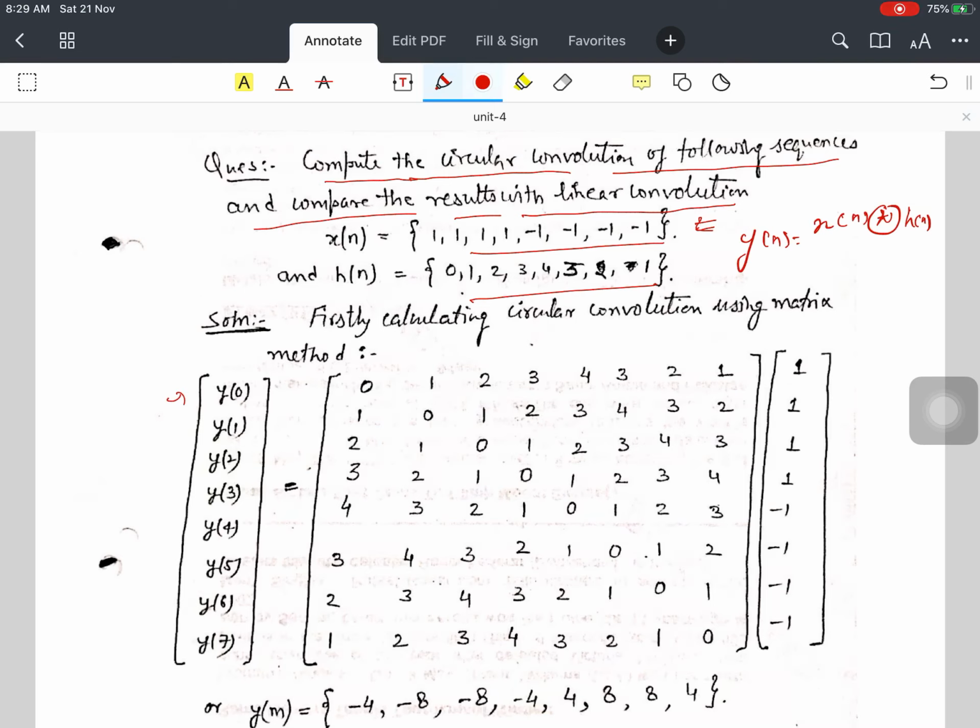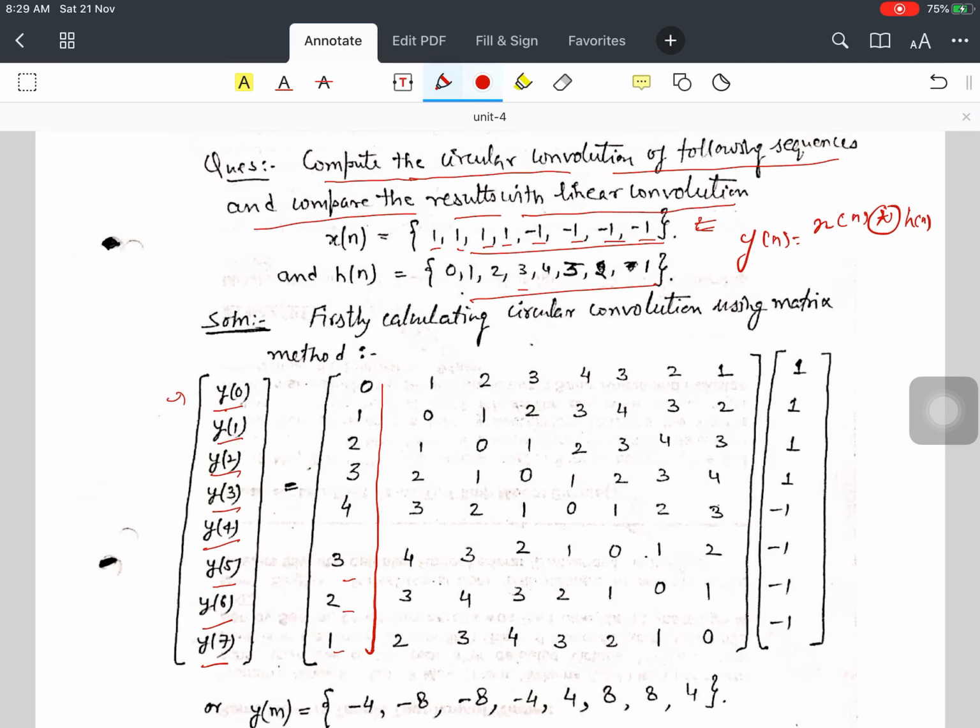In this equation the number of samples are 1, 2, 3, 4, 5, 6, 7, 8, so y(0) to y(7). You can see over here y(0), y(1), y(2), y(3), y(4), y(5), y(6), y(7). After that, write down h(n): 0, 1, 2, 3, 4, 3, 2, 1.